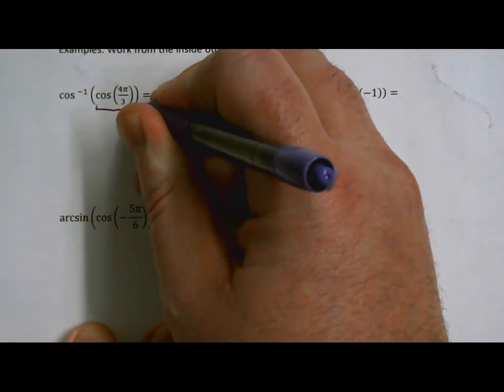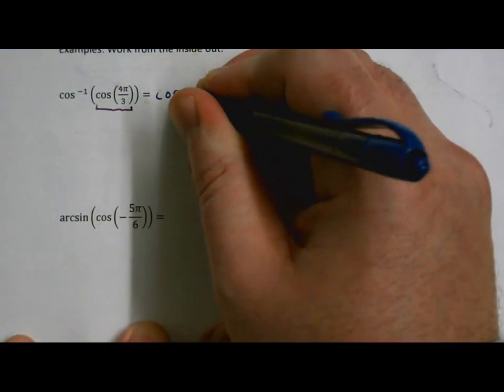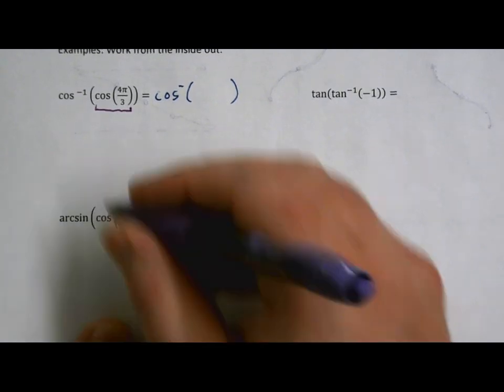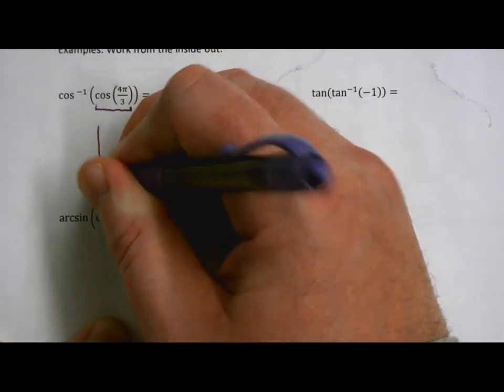So what I'm going to do is evaluate this from the inside out. My first order of business is to figure out what the cosine of 4 pi over 3 is, and then I'm just going to take that and put it in here, okay? Now some of you are going to have this memorized, but most of us are probably going to need to sketch a reference triangle.